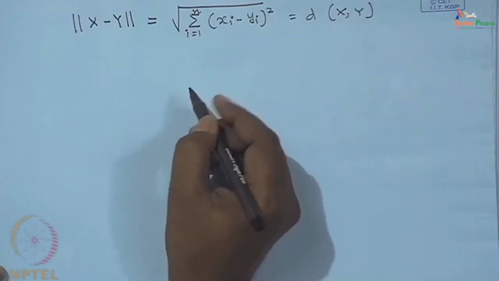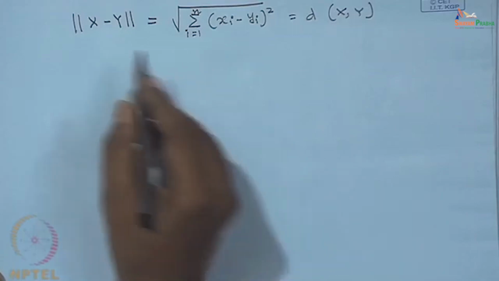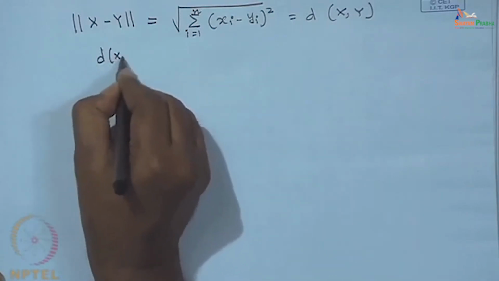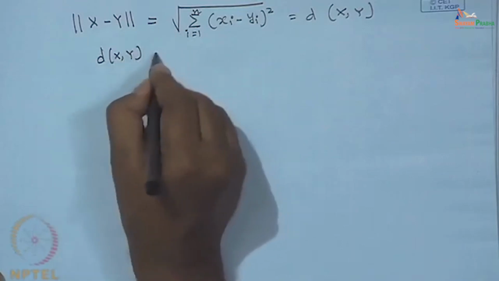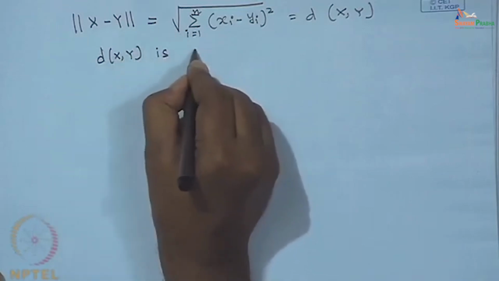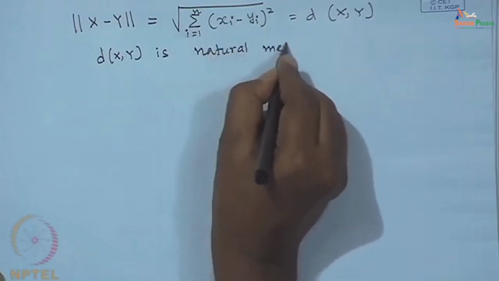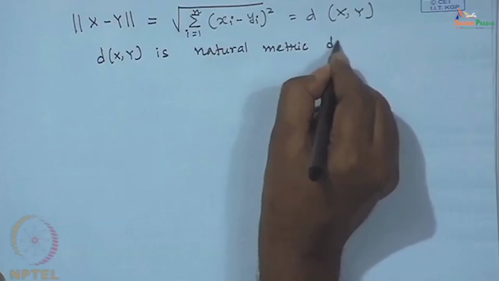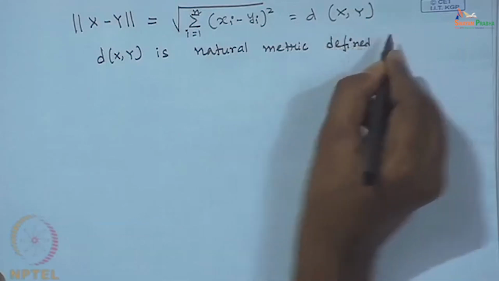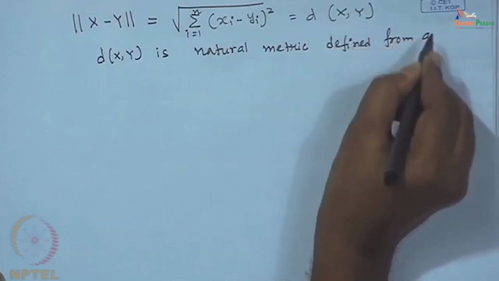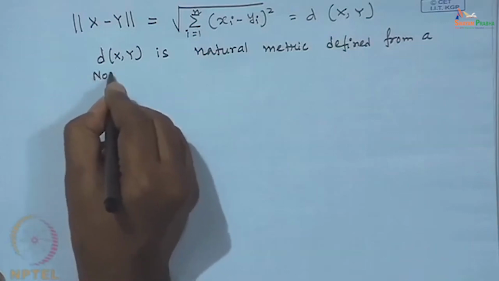Therefore, if we look into this very closely, the metric is called a natural metric defined from a norm.